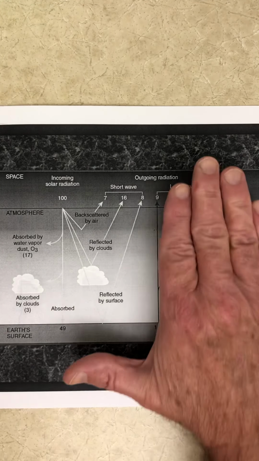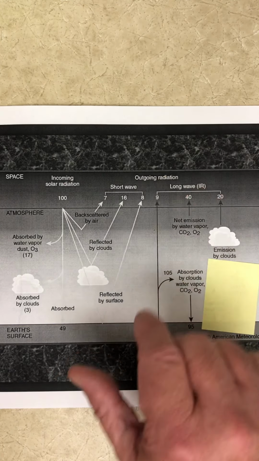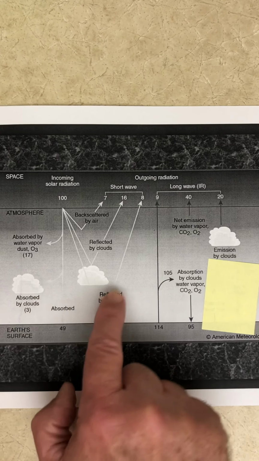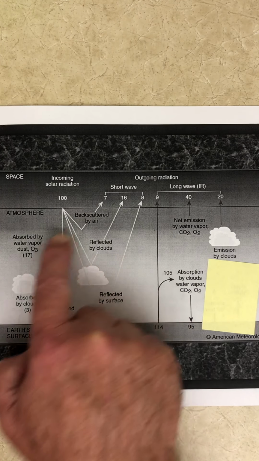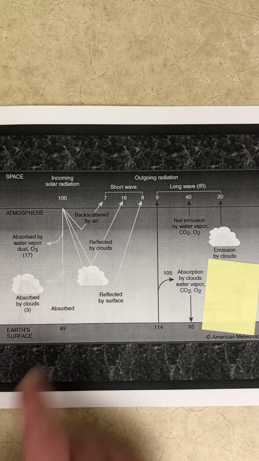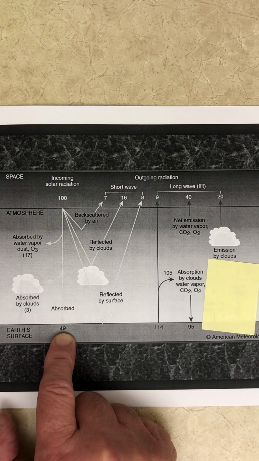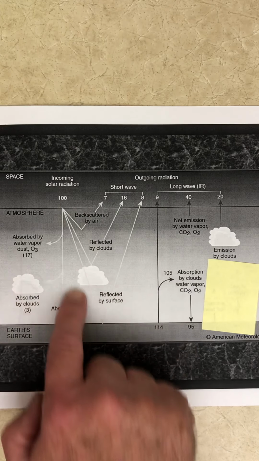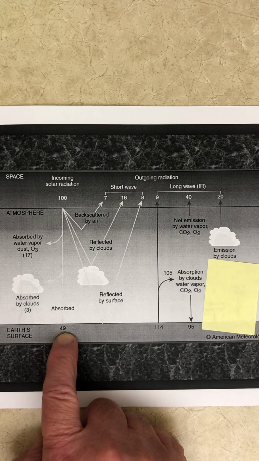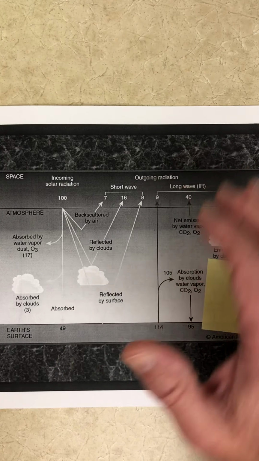So we've seen this half of the figure before, okay? And we also stated that if incoming solar radiation is not reflected, not scattered, not absorbed, then it makes it down to the Earth's surface where it's absorbed by the surface. We also said that on a global basis, 49%, just slightly under half, of incoming solar radiation makes it down to the Earth's surface where it's absorbed. There's the 49%. Okay, so again, we've seen this part of the figure.